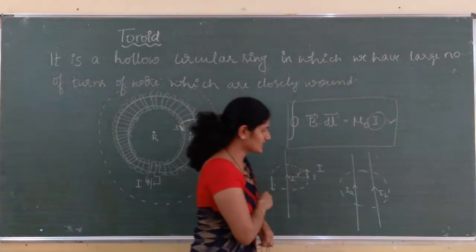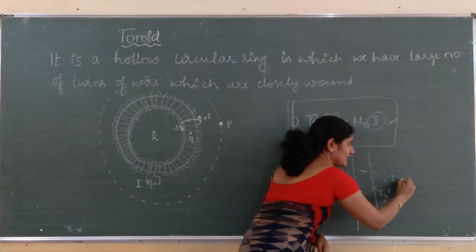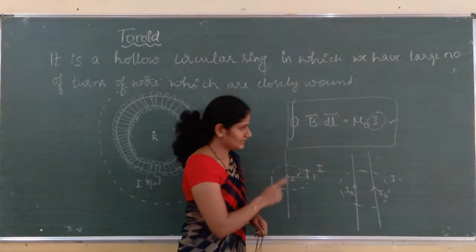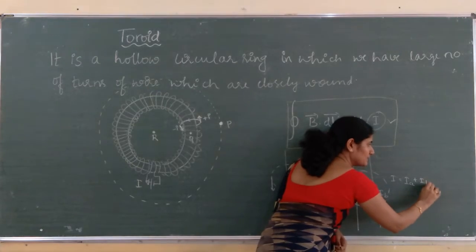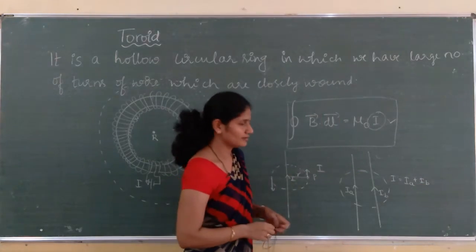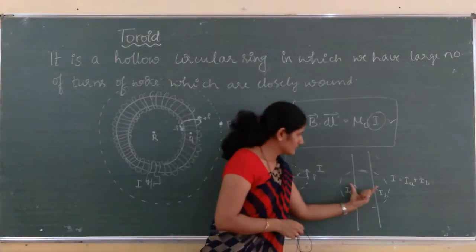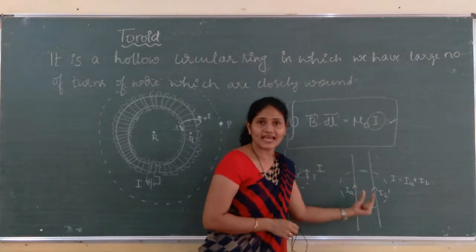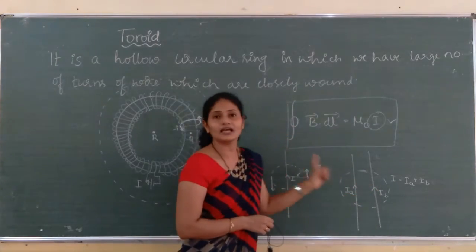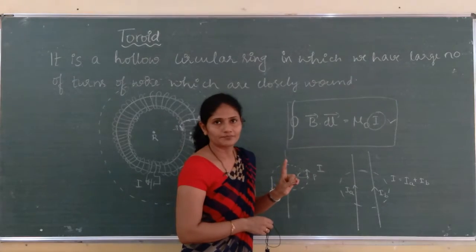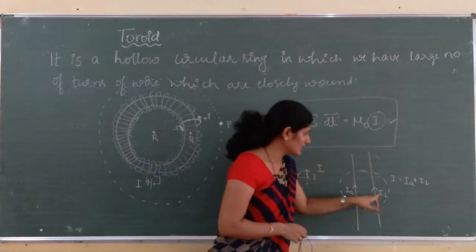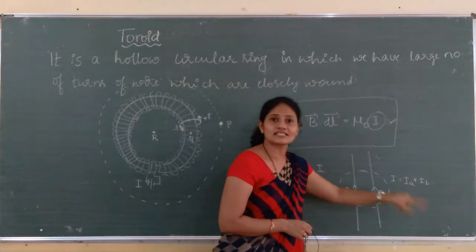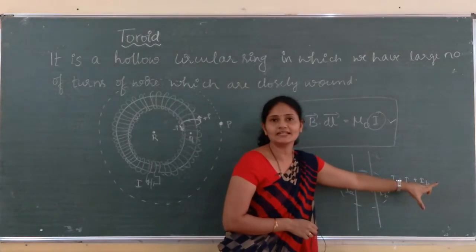These two conductors are carrying current in the same direction. So, in this case the net current I is equal to IA plus IB. This is when there are two current carrying conductors within the Ampere's loop, and if they are carrying current in the same direction, then the net current I is the sum of IA and IB.